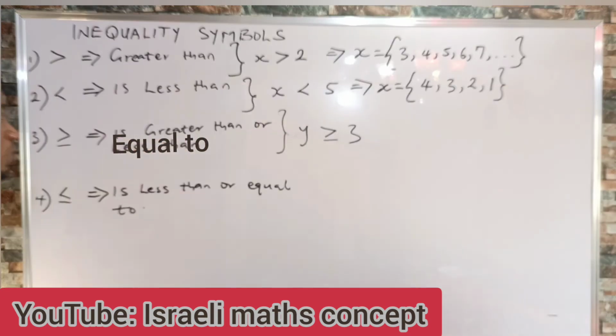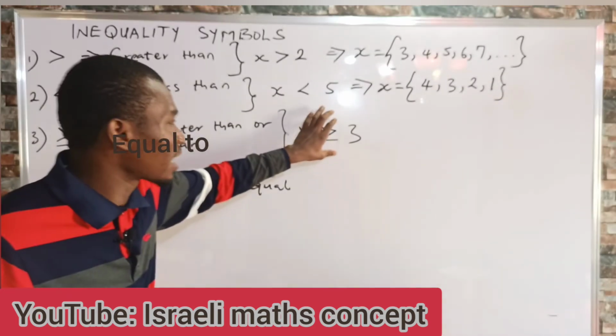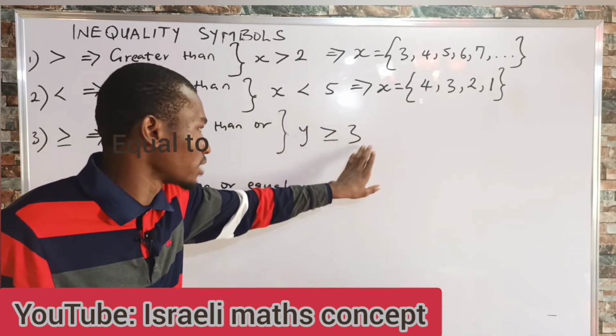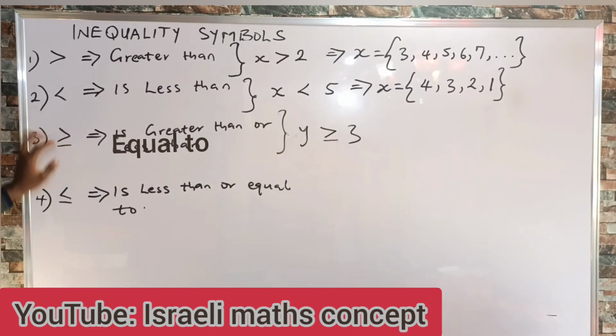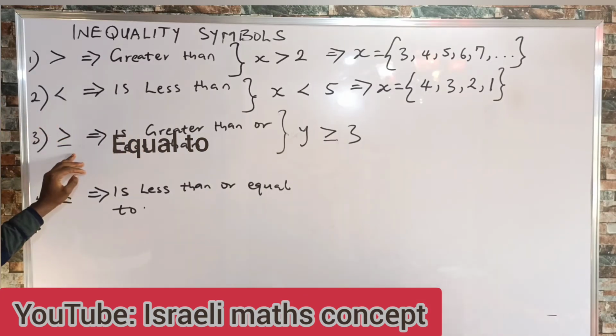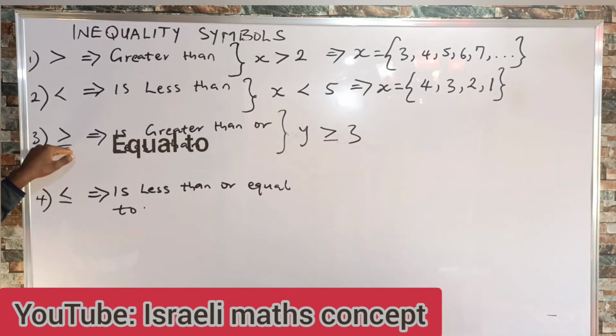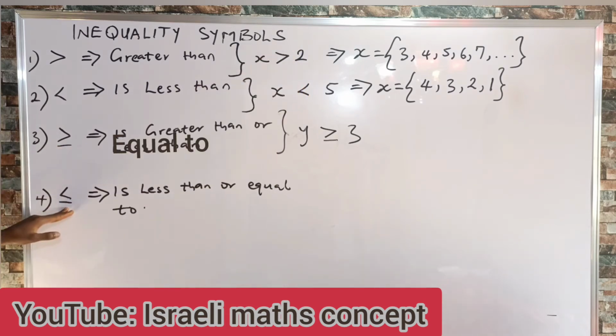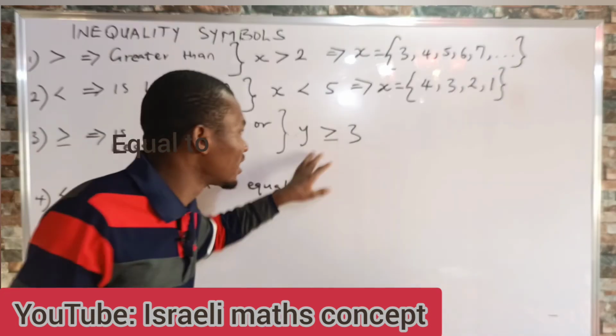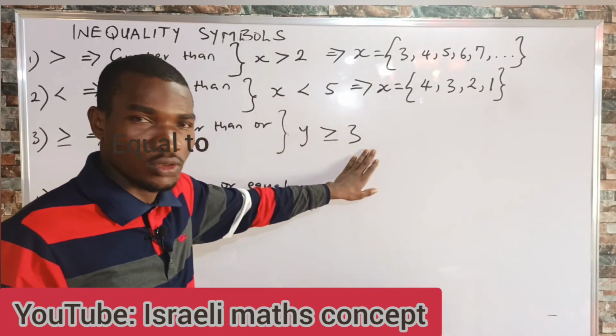Remember, what we are trying to target are those values that are greater than or equal to 3. When I was interpreting this symbol, greater than or equal to, I said earlier that you are taking a range exactly from the value you are given, then values above. So we are considering this one, which is y is greater than or equal to 3.